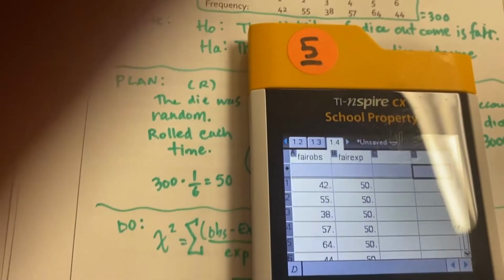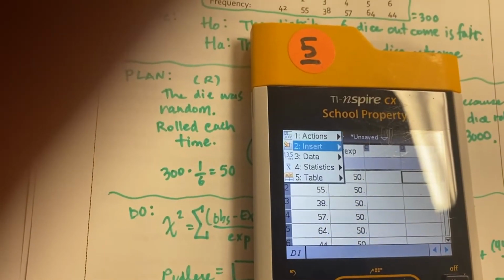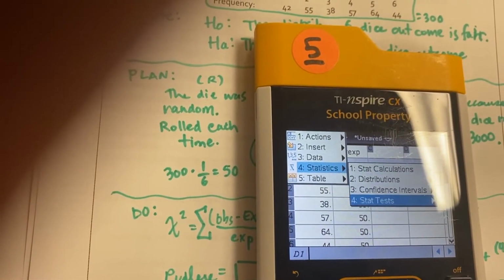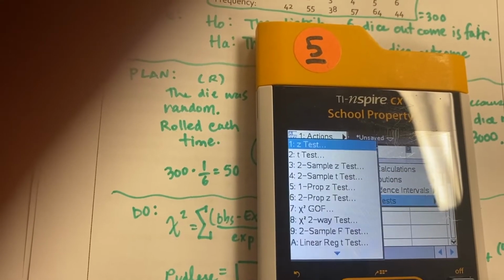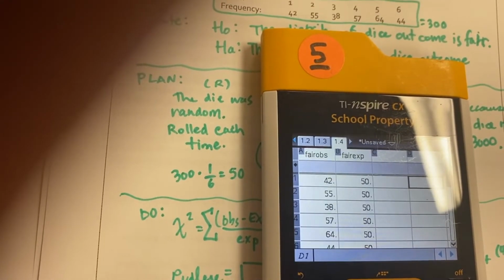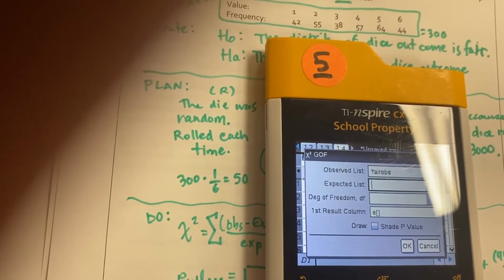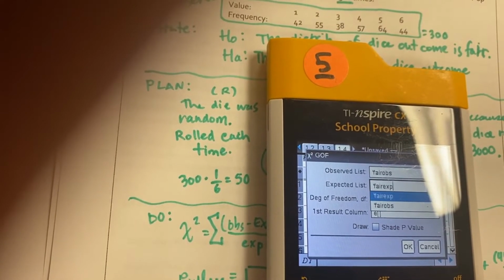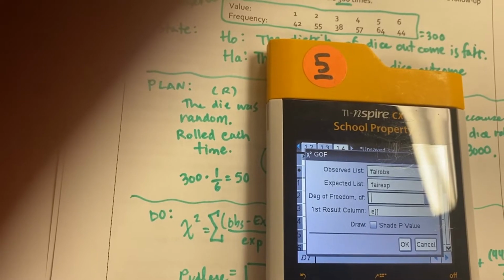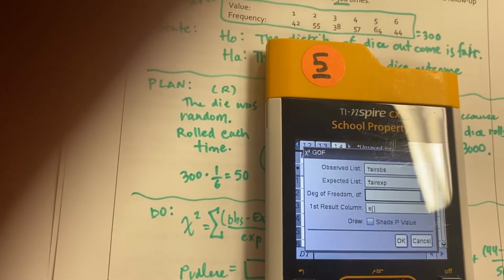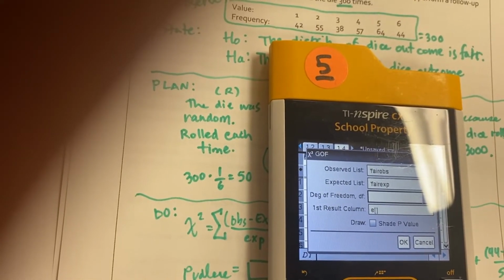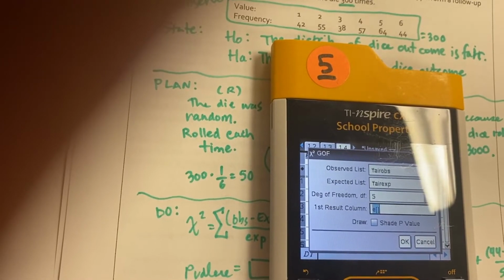This is a goodness of fit. So I'm going to do menu, stats, stat test, goodness of fit. We called this fair obs for observations. This one I called fair expect. My degrees of freedom: I have 6, so 6 minus 1 is 5. Okay.